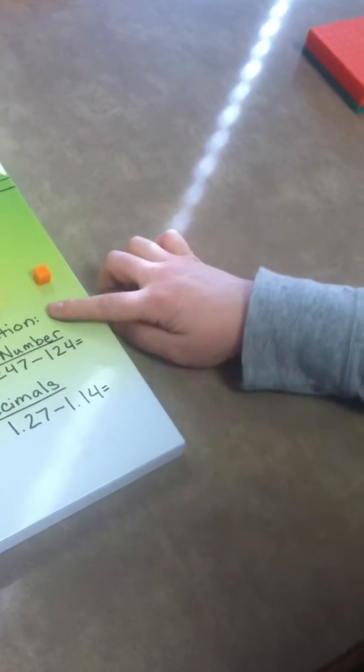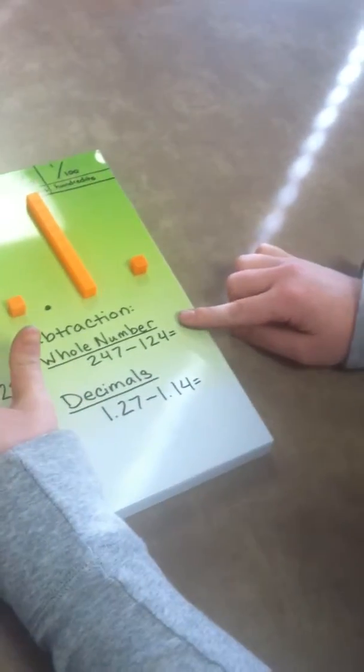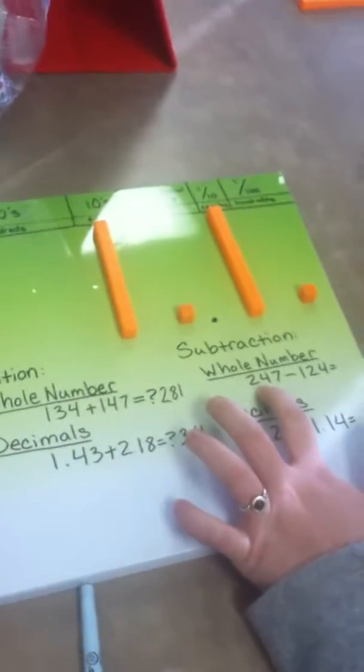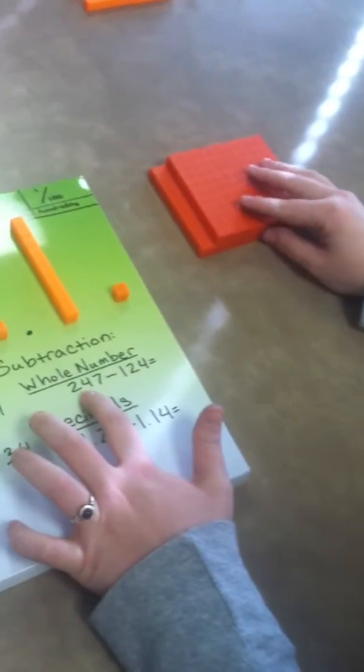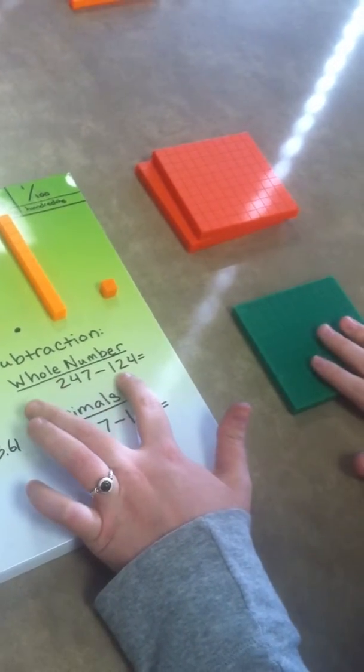Now we're going to transition into subtraction. With subtraction, we're looking at the same base 10 values. So we're going to take 2 flats, which equal our 200, minus 100, 1 flat.